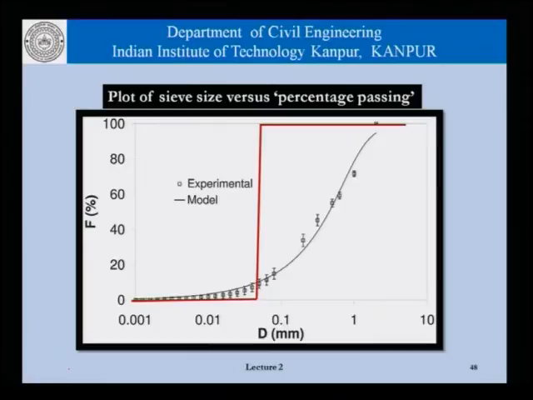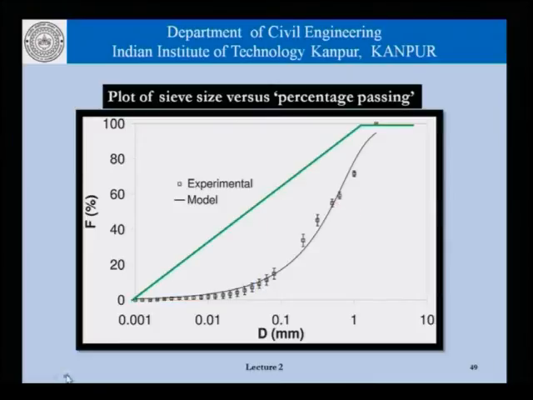Then we talked in terms of a particle size distribution, and we discussed this graph in reasonable detail as to how to obtain this graph and so on. The question to you is, if we have a particle size distribution, that is, we have a sample of aggregates, and the particle size distribution looks something like this, what conclusion can you draw about the nature of the sample that we are talking about?